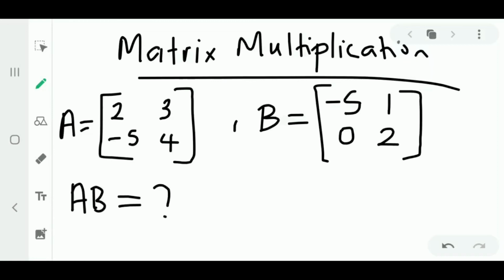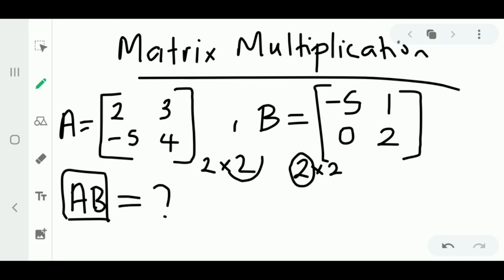Okay, so now we're going to do matrix multiplication. So let's say we have A and B, and we want to find A times B, right? The first thing we need to do is to see if they are compatible. For matrix multiplication, testing compatibility is basically writing your 2 by 2 here, and you know that this is also a 2 by 2. They are compatible if the two inner terms are the same.